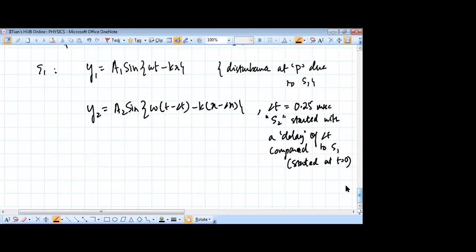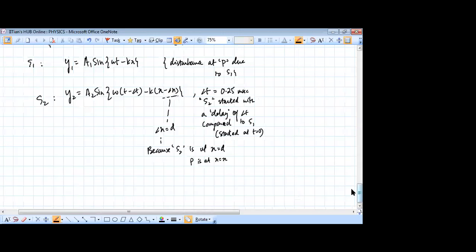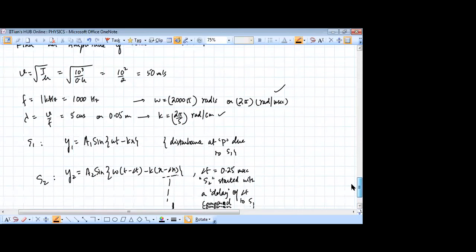And of course, the path it's traveling, so that delta x is equal to d, because the source S2 is at x equal to d, and the point P is at x equal to x. So the path it is traveling is x minus d. So these are the individual waves created by S1 and S2. So just understand the steps up to here first once, then it becomes very easy.